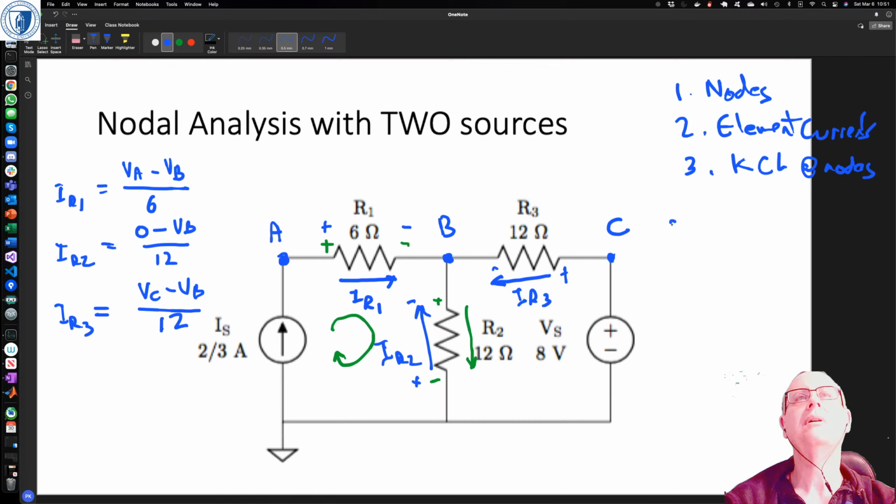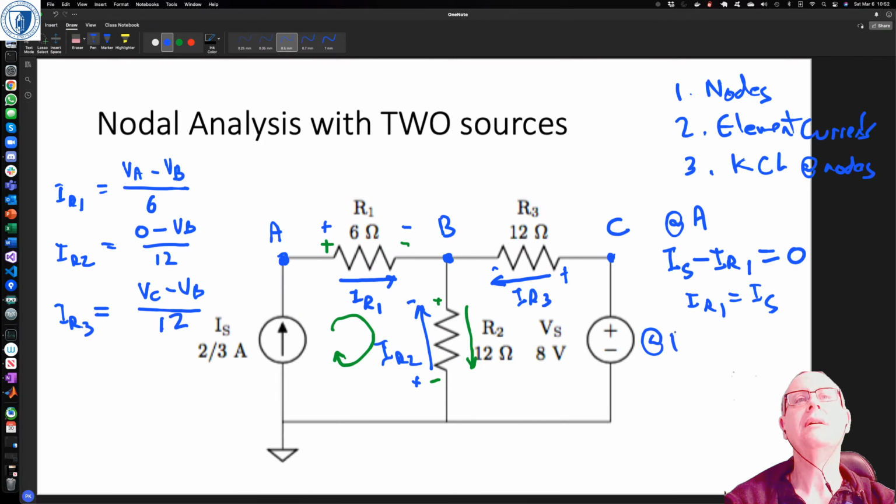So at A, we get IS minus IR1, because IS is flowing into the node and IR1 is flowing out of the node, equals 0. Or IR1 equals IS, if you want to write it that way.